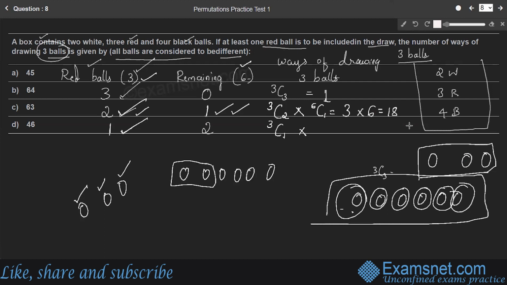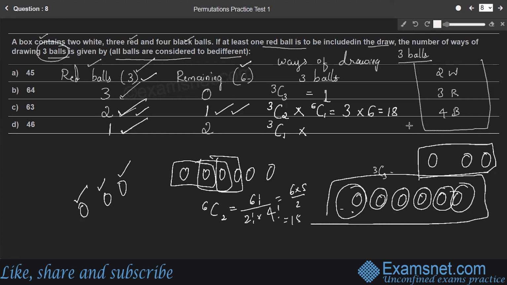There are many ways. There are 6C2 ways of drawing only 2 balls. 6C2 is nothing but factorial 6 divided by 2 factorial into (6 minus 2) factorial, which is 4 factorial, which is 6 into 5 by 2, which is 15.